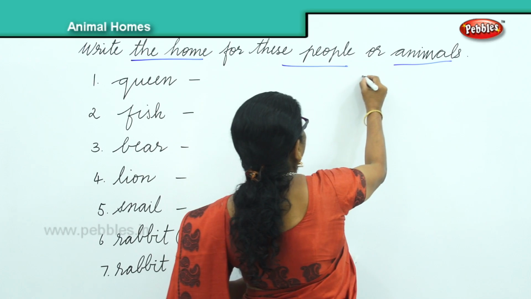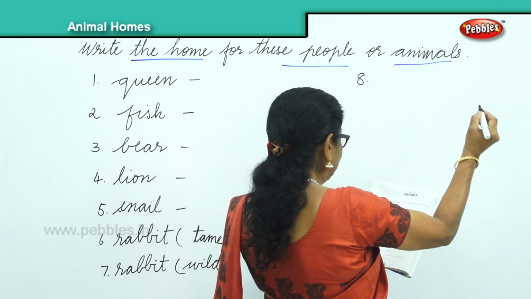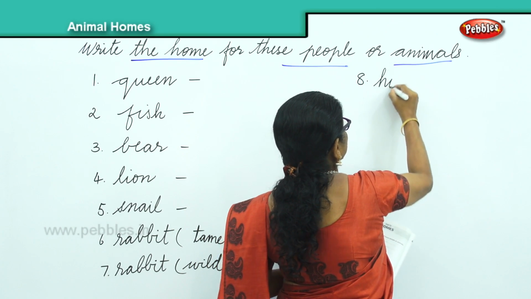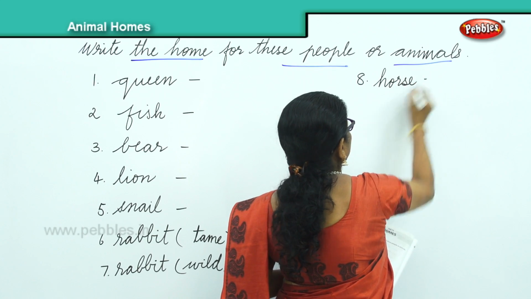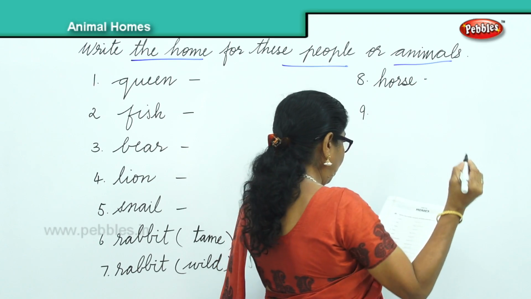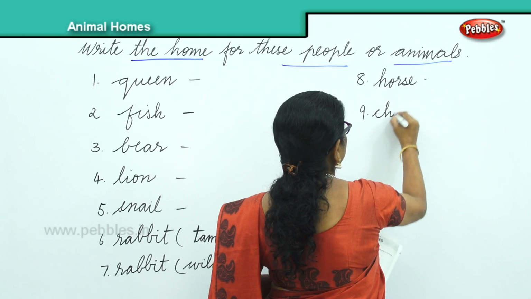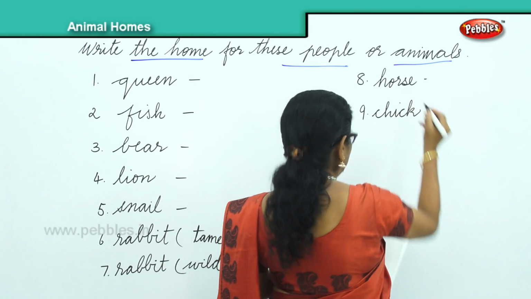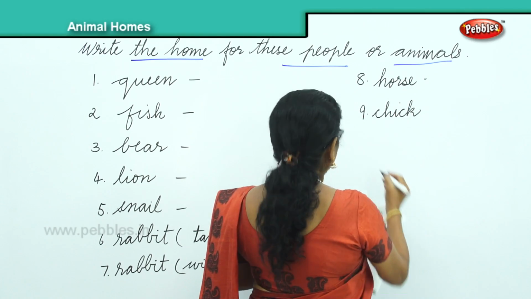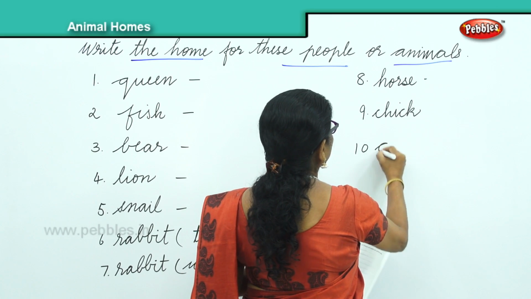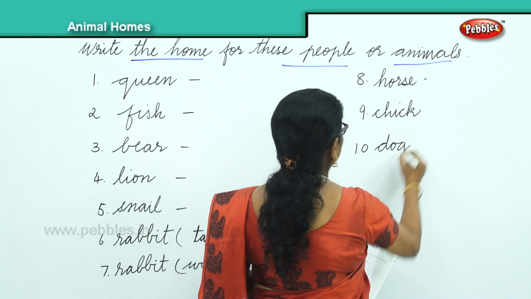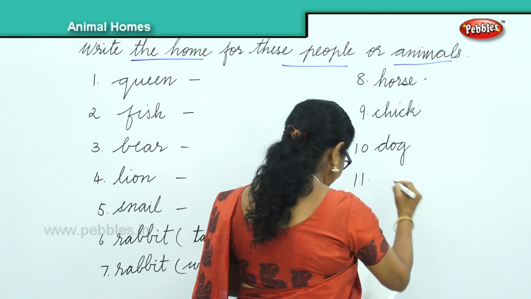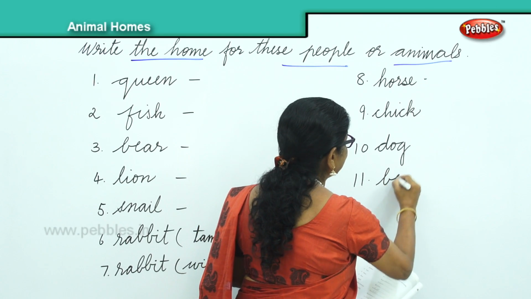Then I have got here horse. What's their home? Chicken or chick, whatever. Dog. We have bee.